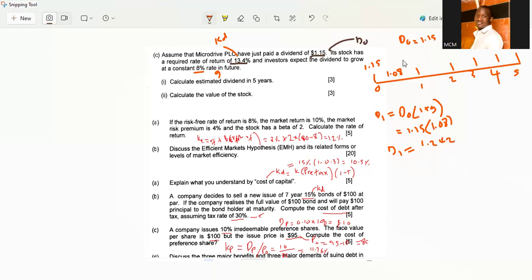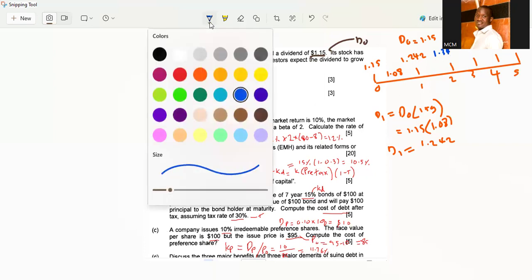Now 1.242 is for year 1. So instead of redoing this long cut, since the growth rate is constant throughout, just keep multiplying the answer you get by 1.08 for the next. So here we're going to have 1.34. We get to the next one. What do we do to this one? Times 1.08 again. What do we get? 1.45.